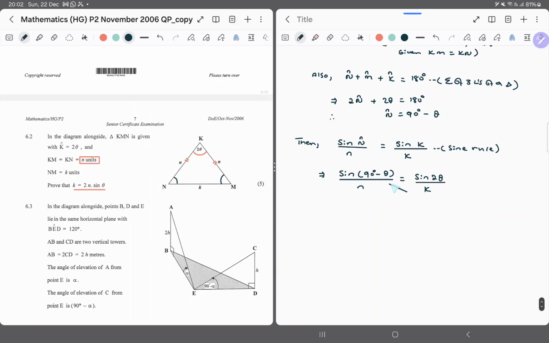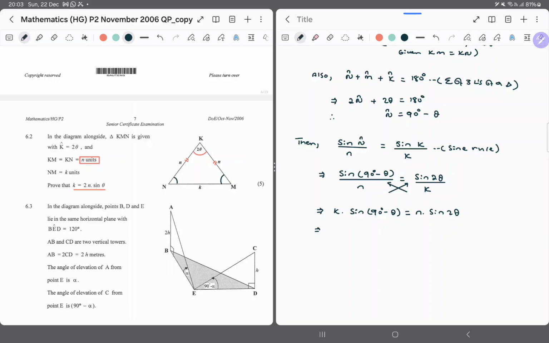We cross multiply. What do we get? Because we are interested in isolating k, so this is going to be k sine of 90 degrees minus theta is equal to n sine 2 theta.